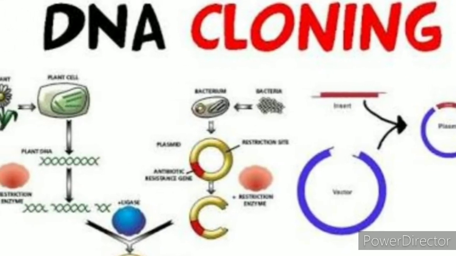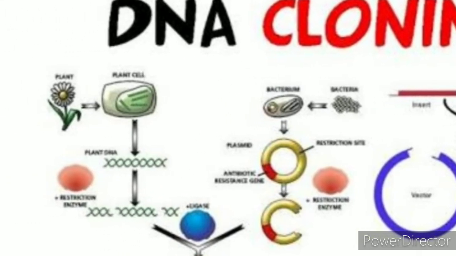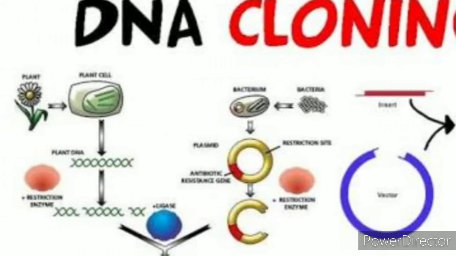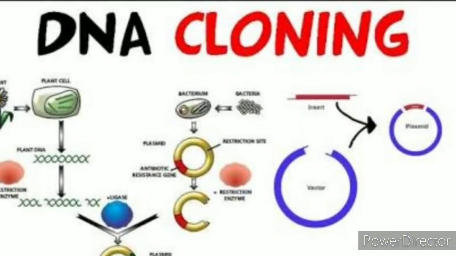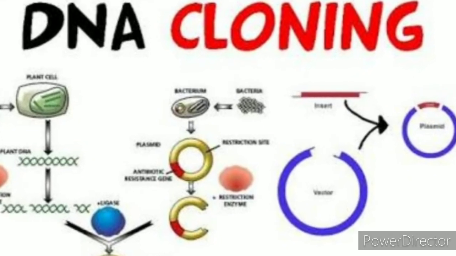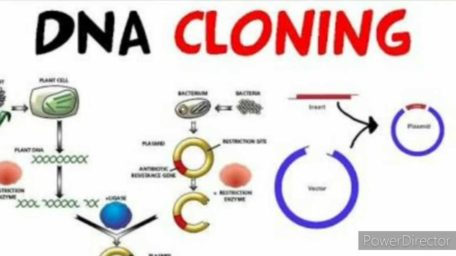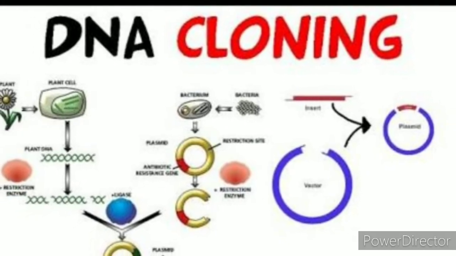A vector is a small DNA molecule capable of self-replication, and it is used as a carrier and a transporter of the DNA fragment which is inserted into it for cloning experiments. A vector is also called a cloning vehicle.